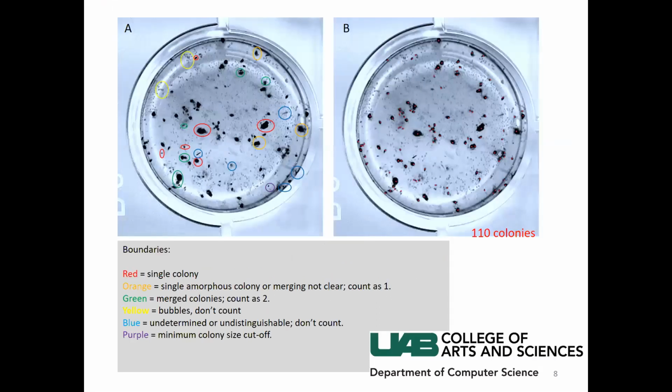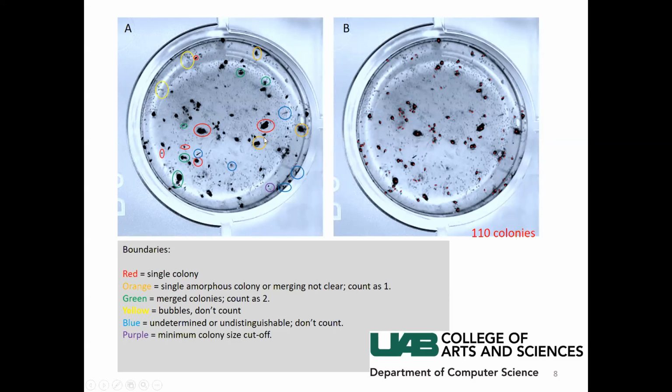Here is an example of our cell culture plate. You see there are some bubbles circled in yellow. There are some reds marked; those are single colonies, and I will describe what those mean. There are some greens; those are identified as merged colonies.